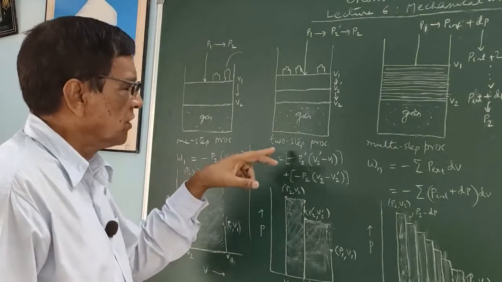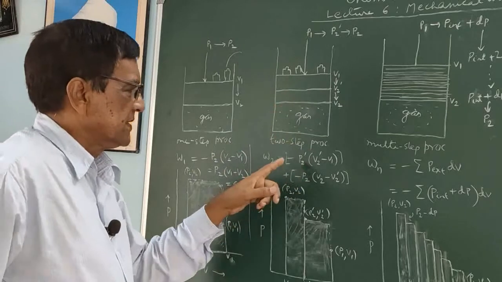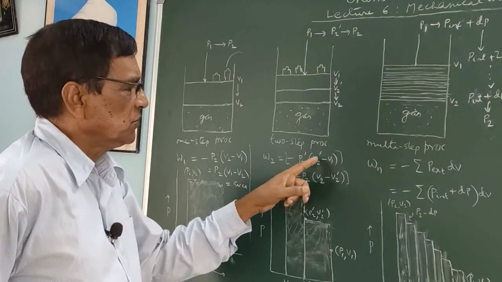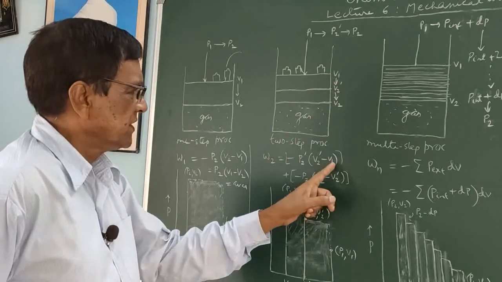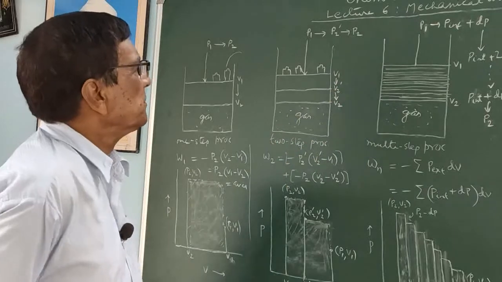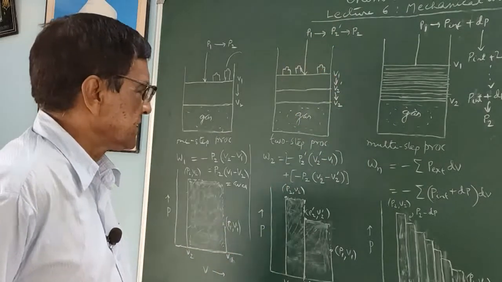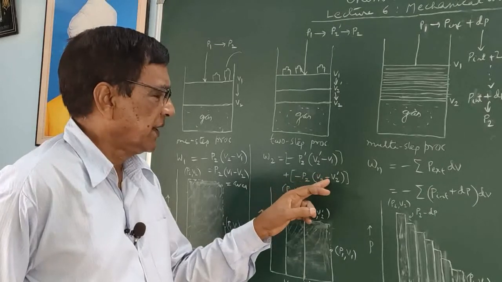The work required in this case is minus P2 dash into V2 dash minus V1, where V2 dash is the final volume of the first step and V1 is the initial volume, and P2 dash is the constant external pressure. Then it is minus P2 into V2 minus V2 dash.